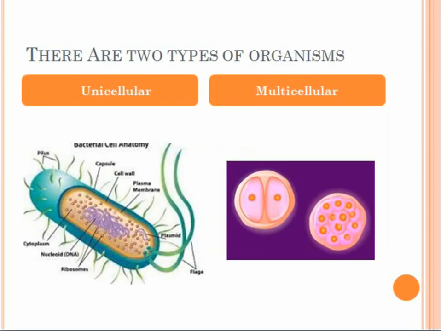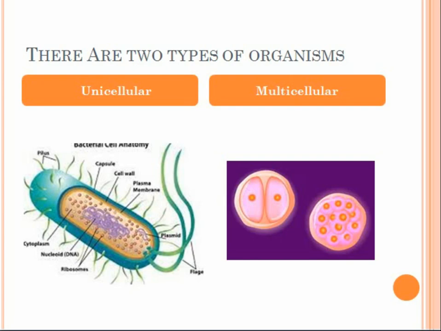Now there are two types of organisms, unicellular and multicellular. Unicellular organisms have a single cell, meaning they do not have many cells like us. They have a single cell that performs all the tasks of the body, for example bacteria and yeast.